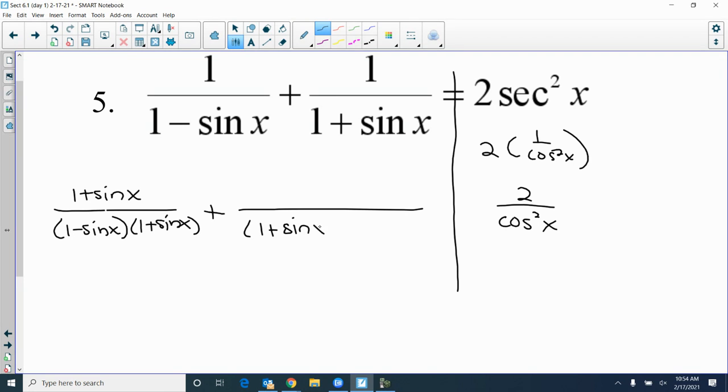I need to add in a 1 minus sine of x. I have to add in a 1 minus sine of x. So I'm just going to stop and wait, let you make sure you understand that step. Just getting a common denominator. And I just multiplied the top and bottom by the same thing.